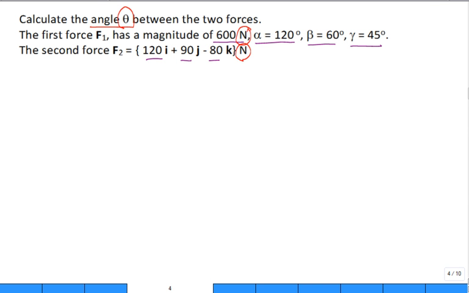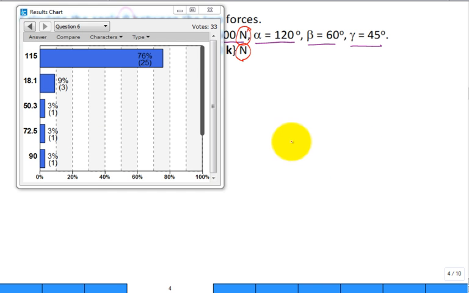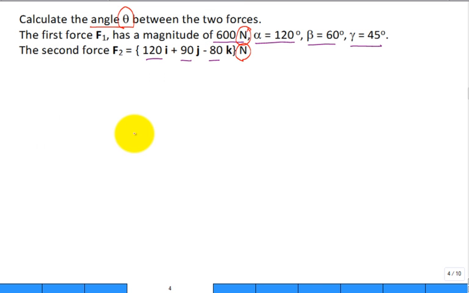So let's go ahead and grade this. It came in at 115. Okay, how do we calculate that angle theta? Well, there's two ways of doing it. Let's do this one.